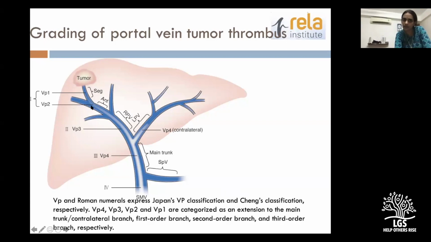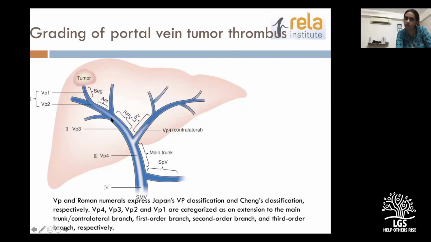Now, if it further goes into the right anterior portal vein, that is called VP2. In our center, VP1 are taken up for transplant, whereas for VP2, we usually pre-treat the patient with either TACE or SBRT or TARE and downstage the tumor before taking them up for transplant.